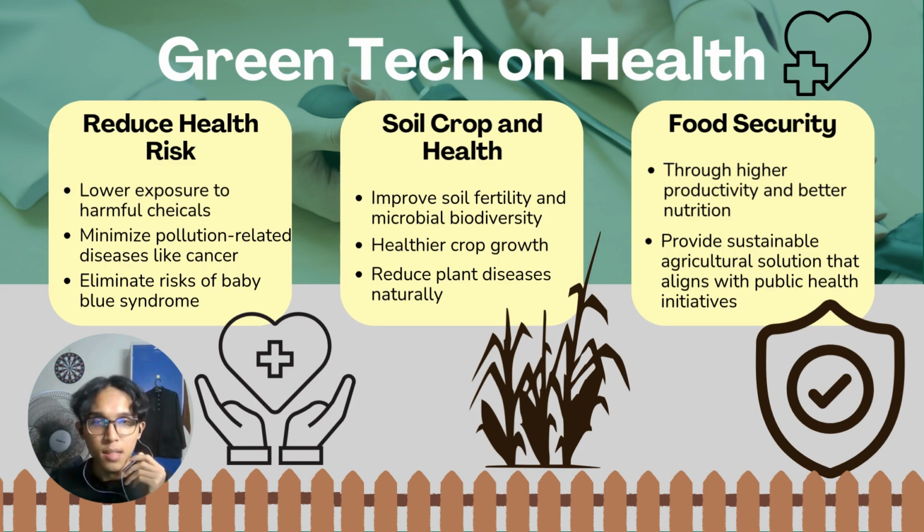Green technology lowers exposure to harmful chemicals. It also minimizes pollution-related diseases like cancer, and it can also eliminate risks such as blue baby syndrome caused by nitrate contaminated water. So the next point is soil, crop and health.